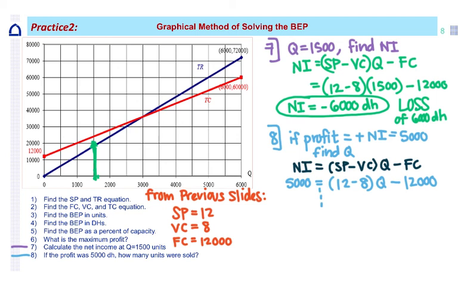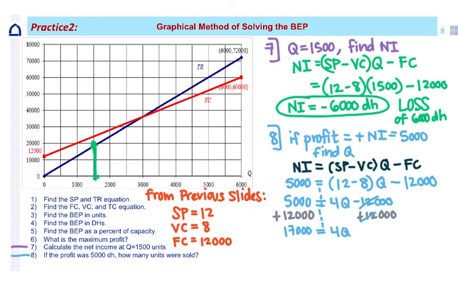Now we'll do a little simplification. 5,000 equals 4Q minus 12,000. We will try to isolate the Q and solve for Q, so we'll add 12,000 to both sides, and we end up getting that 4Q is equal to 17,000.